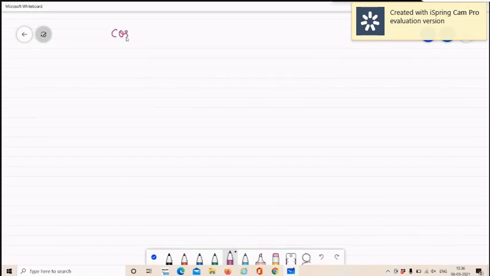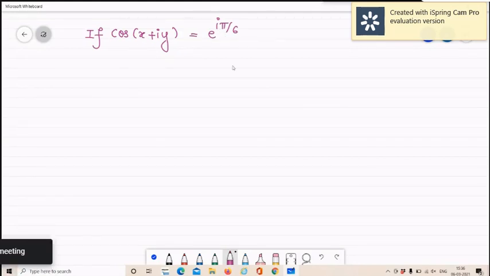If cos of x plus iy is equal to e raised to I pi by 6, you need to prove two things.